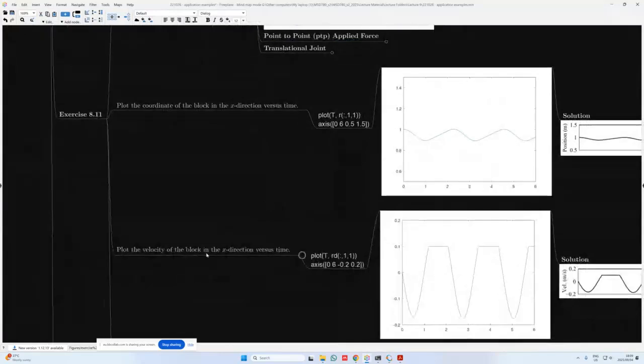Then I can also plot the velocity of the block in the x direction versus time. So to do this, I'm going to call this figure 2. I now plot t, and now I'm using RD for the velocities for all time steps on body 1 in the 1 direction. I'm going to use a black line once again.